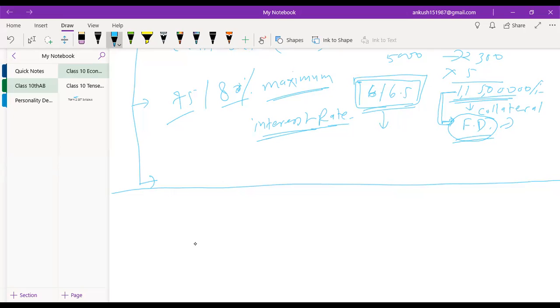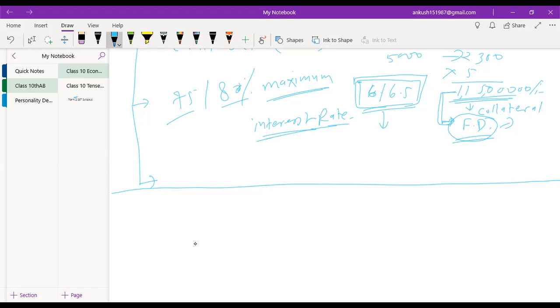Even then, how would the bank generate the interest? We have already seen who a depositor is. A depositor is a person who deposits his money into the bank, whether it is a cooperative bank or formal or informal sector, whatever. But the depositor expects that he would get interest upon whatever he has deposited.